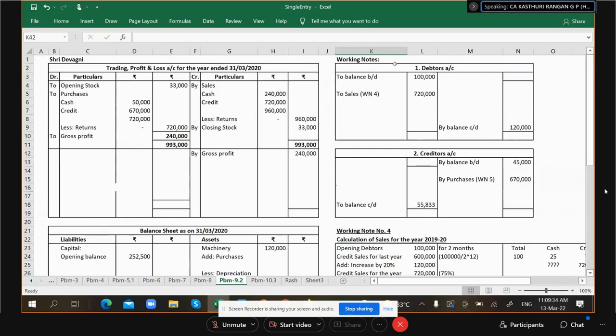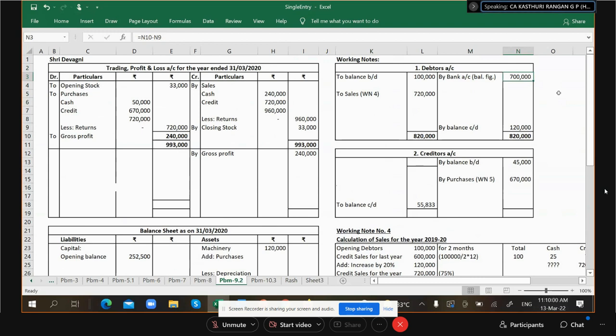Now, friends, you see in the debtors account, opening balance, credit sale, closing balance is there. There are no sales return, no bad debts, nothing. Therefore, from the debtors account, you'll get collection from debtor as the balancing figure. So during the year, they collected 7 lakh from debtors.